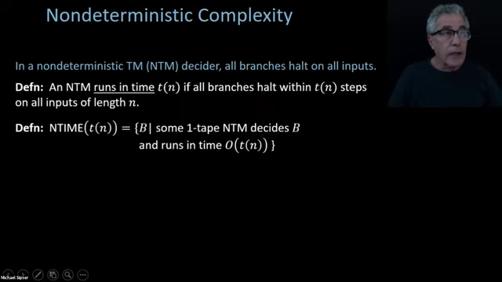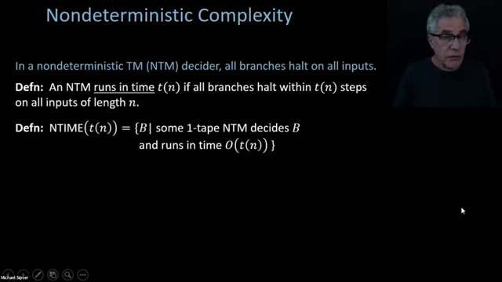Now we're going to define the analogous complexity class associated to non-deterministic computation, which we'll call non-deterministic time. So NTIME of T of n is the set of all languages that you can do with a non-deterministic machine that runs in order T of n time.